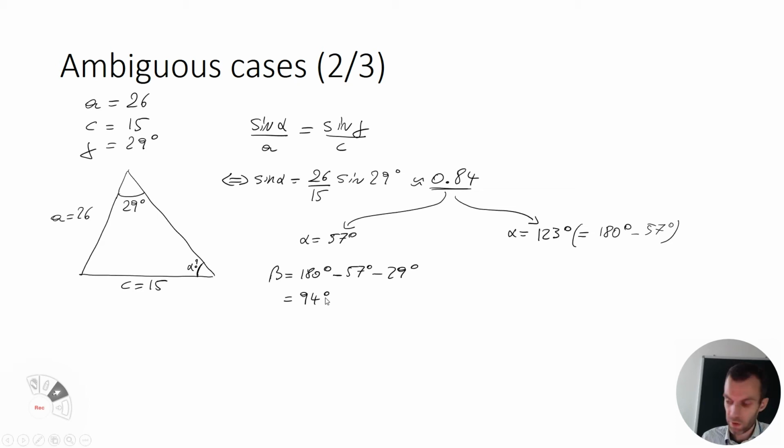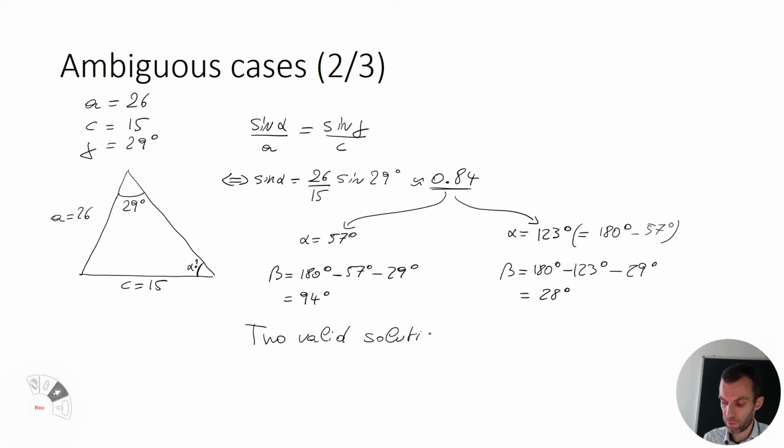On the other hand, if we take 123 degrees here, we have beta is equal to 180 minus 123 degrees minus 29 degrees, and that's 28 degrees. So in this case, both values for beta are perfectly reasonable angles, and you can't rule out one or the other. So in this case, you actually have two valid solutions.